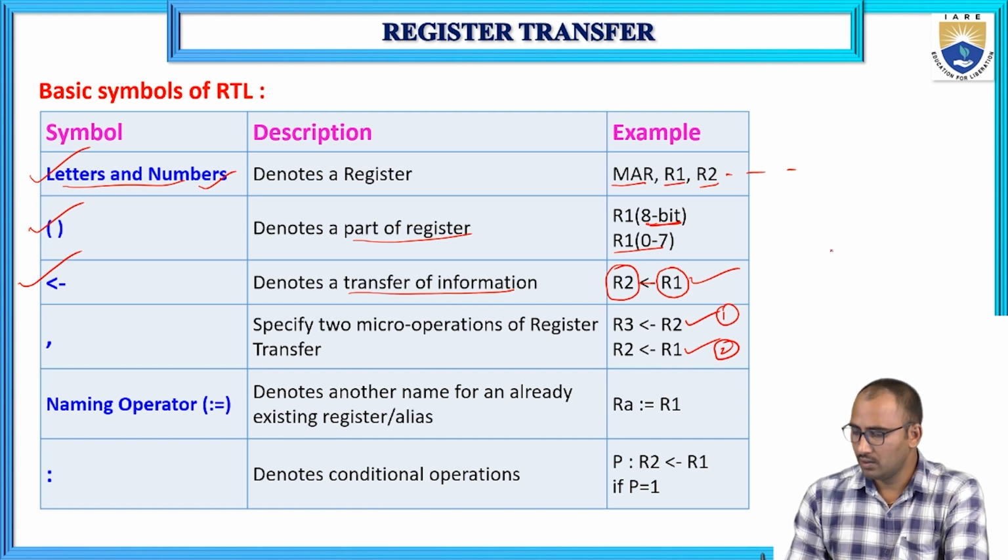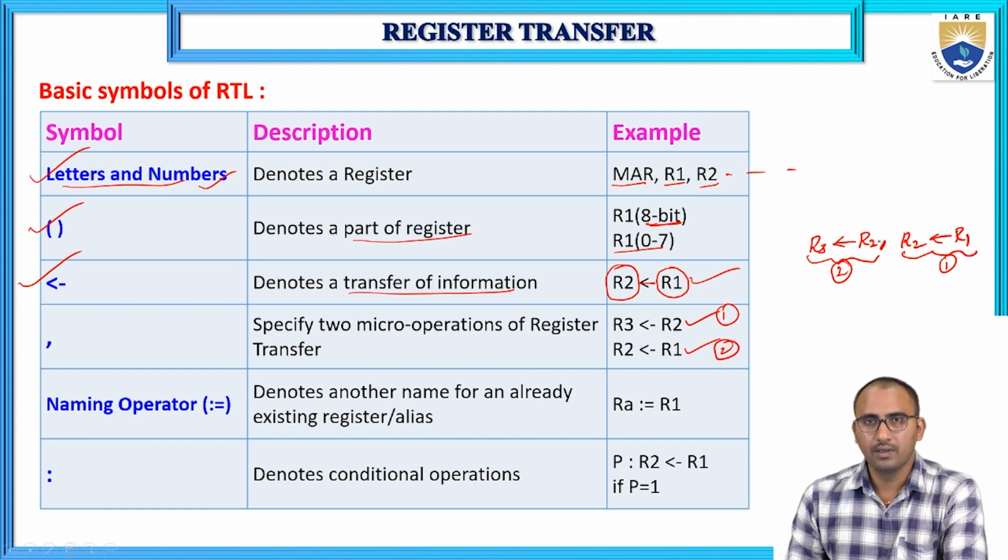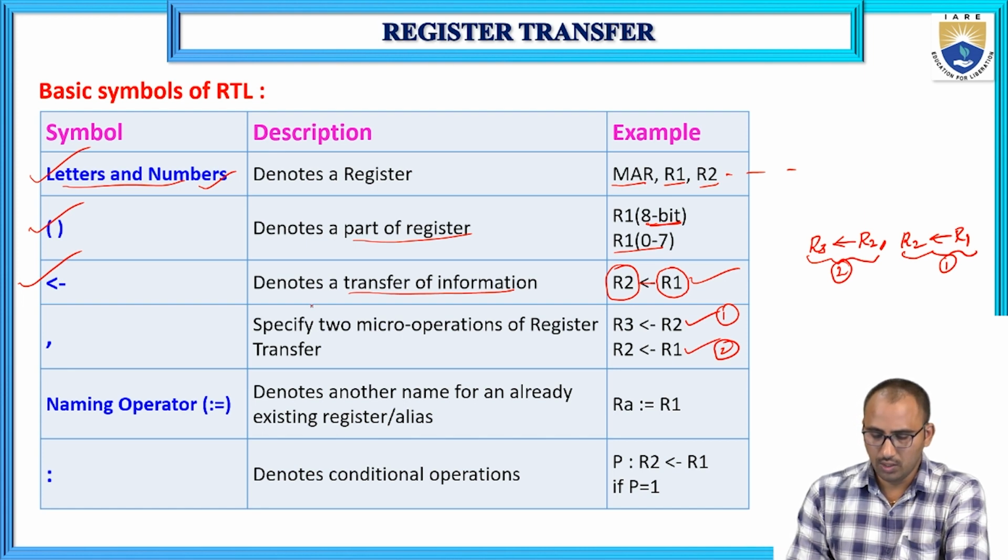Like R3 arrow R2, R2 arrow R1. So this is one micro operation and this is another. By using the comma, we can specify parallel micro operations.